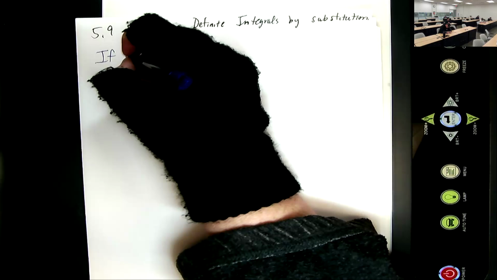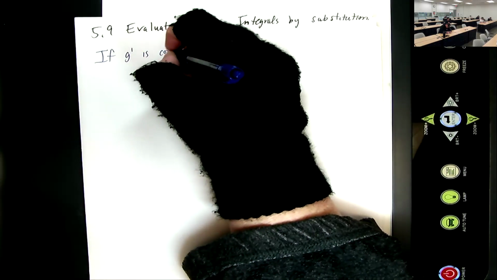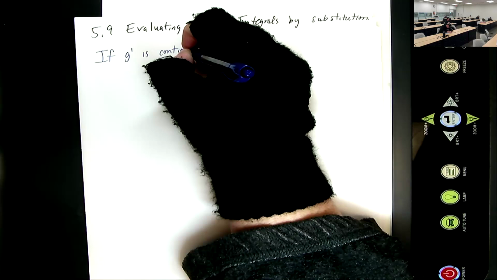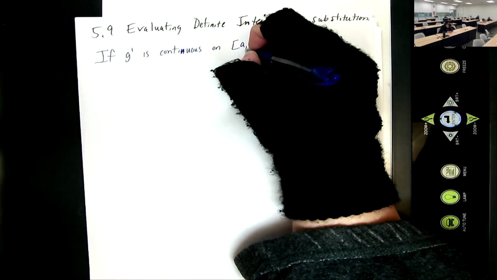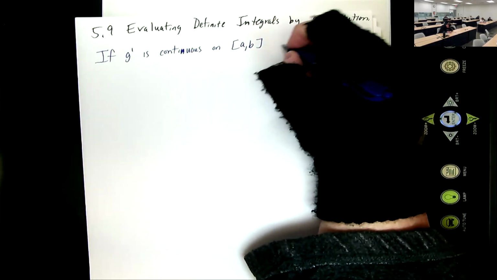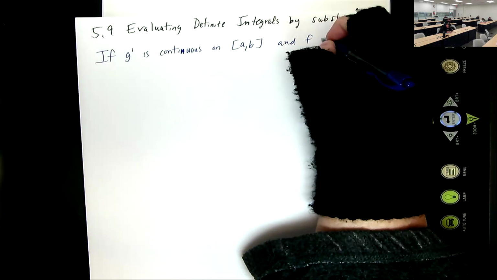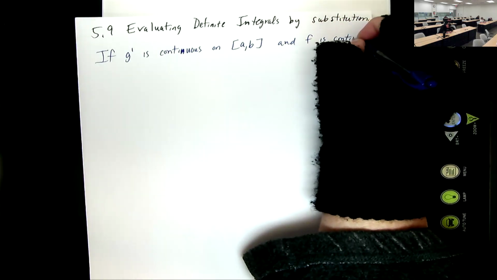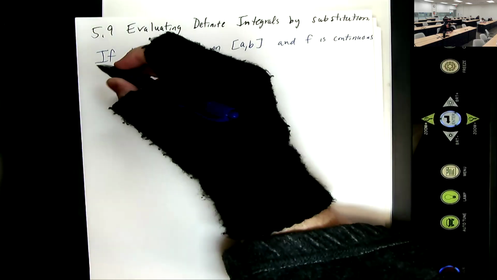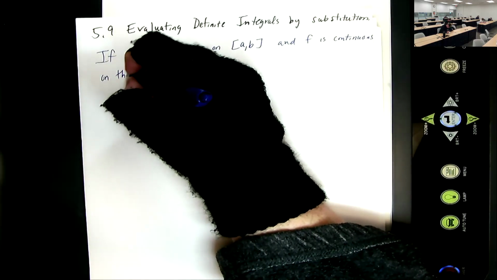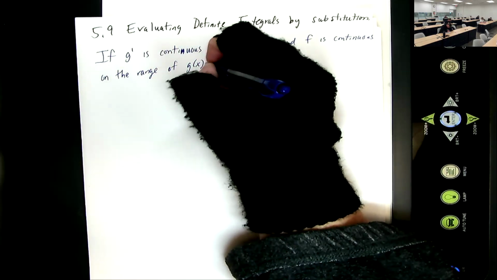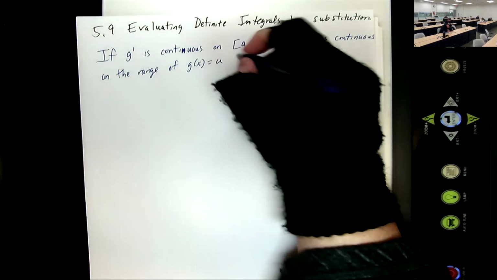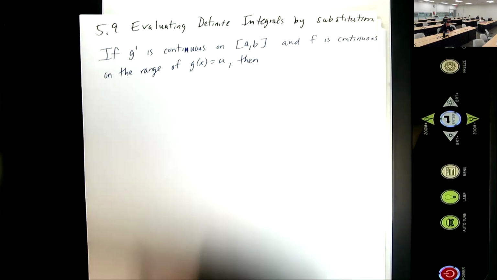So if g prime is continuous on our interval [a, b], and f is continuous on the range of g(x) = u, this is the formal definition for it.